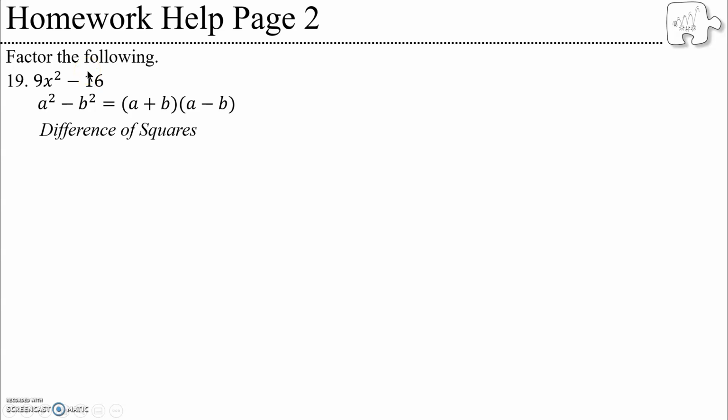So now we have to figure out what our a squared and b squared are. A squared is 9x squared, b squared is 16. To get rid of the exponent of 2, we take the square root of both sides.